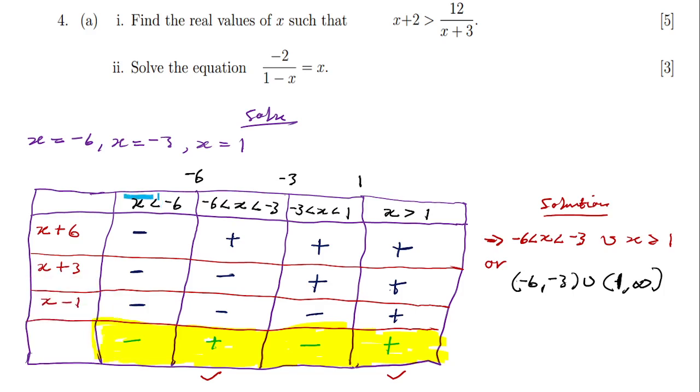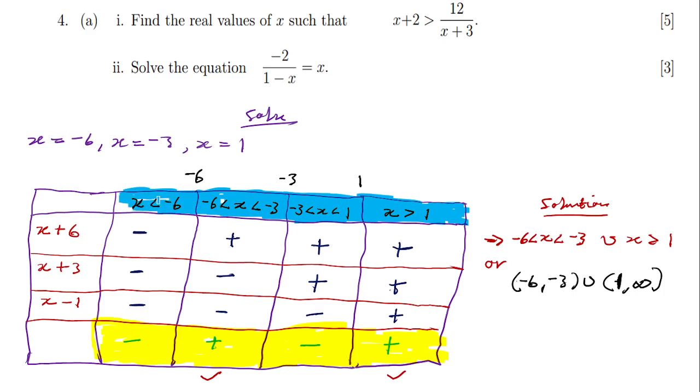There is this part here. Every inequality, when you are putting them on the table, the arrangement is just the same. Whether in the inequality there is greater than, or less than, or anything else, the signs in the blue highlighted part are just the same.